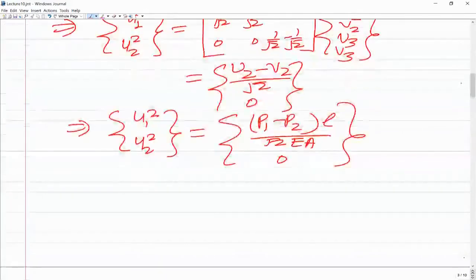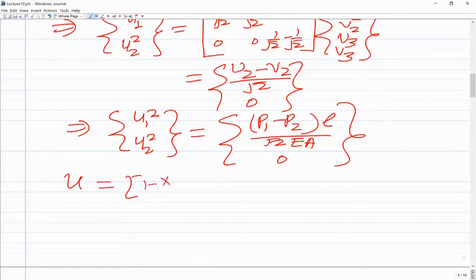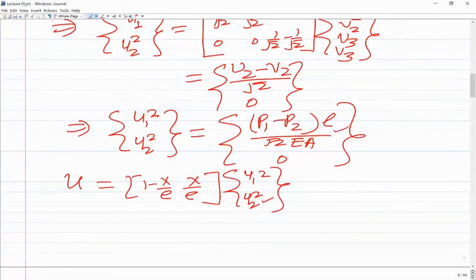Once we have got this, we are interested in finding the displacement along the length of the element at any location x. So we make use of the interpolation: 1 minus x by L, and then we have u12 and u22. If you put the values, we know u22 is already 0, and u12 is given by this.